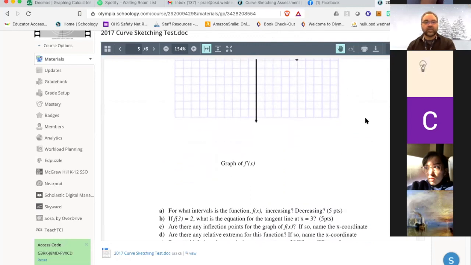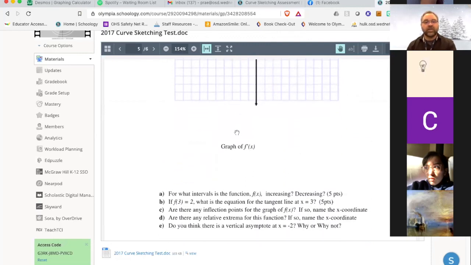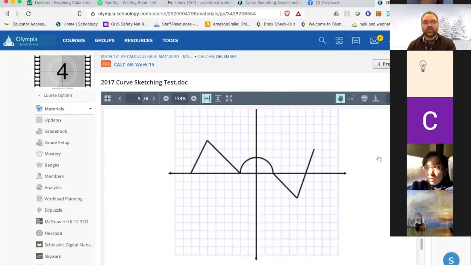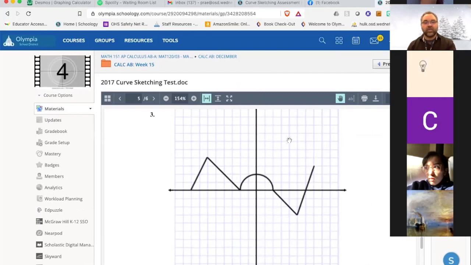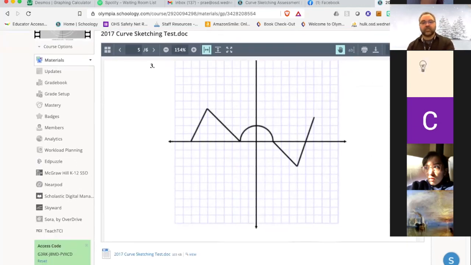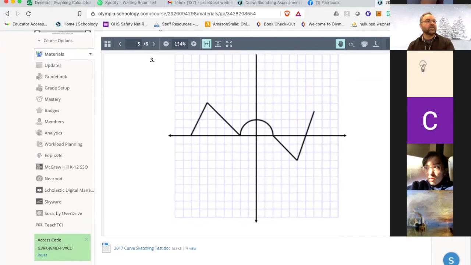So I know it's hard to read. This is the graph of f prime of x. Okay. So this is f prime of x. All right. And then we're going to look at a few things about f prime of x.